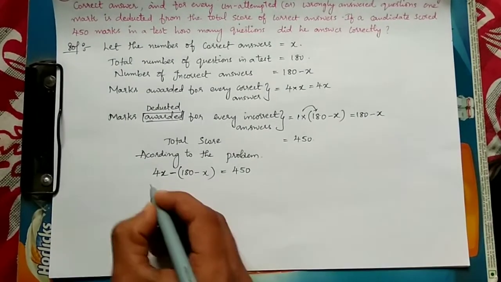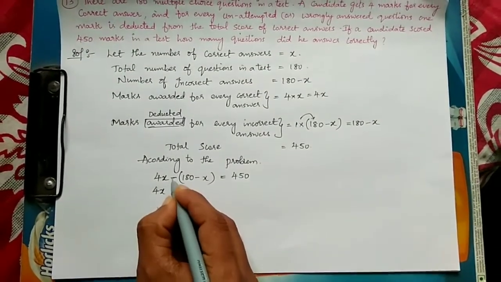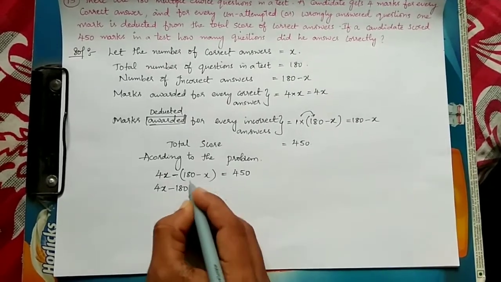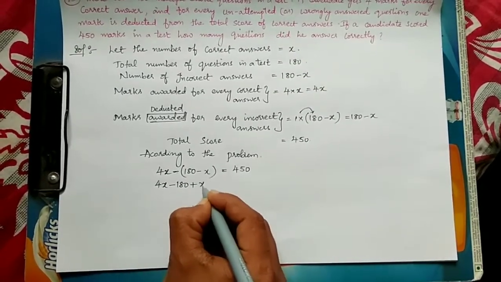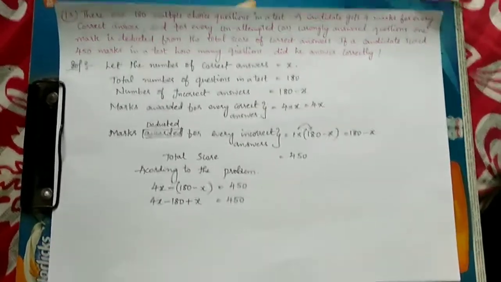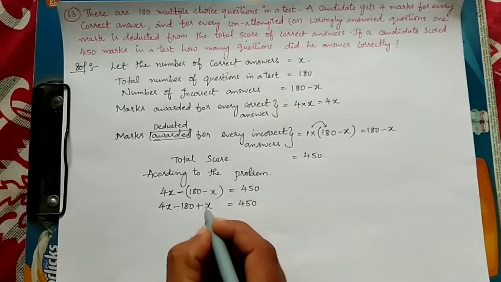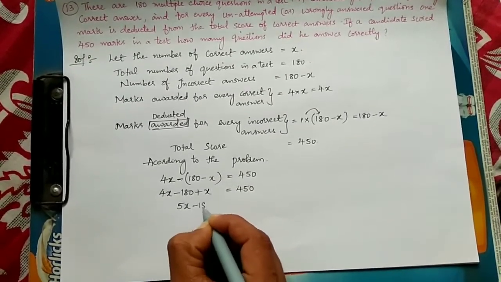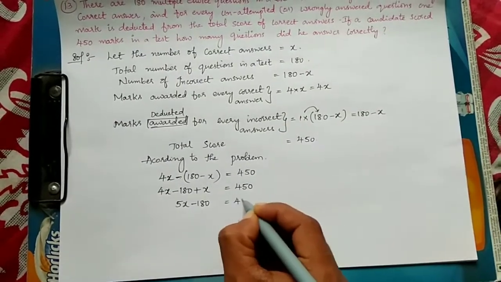Okay, now I write 4x as it is, minus 180, minus into minus is plus, x is equal to 450. Now 4x plus x is how much? 5x minus 180 is equal to 450, right?